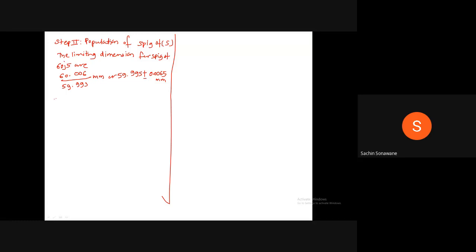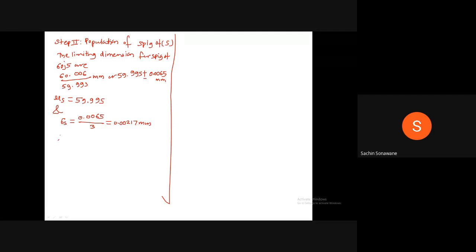Therefore, mu s is equal to 59.995 and sigma s is equal to 0.0065 divided by 3, which is equal to 0.00217 mm.